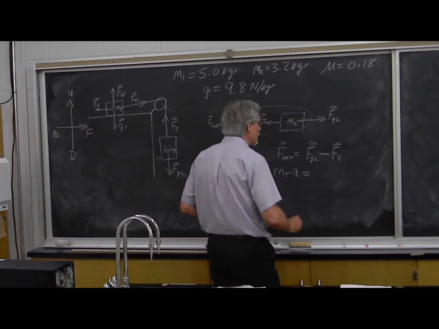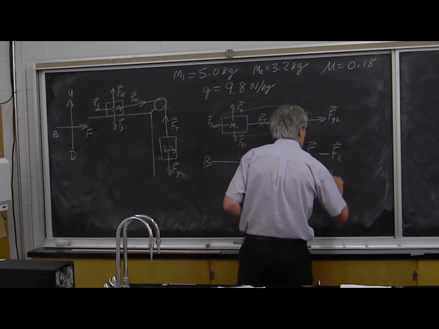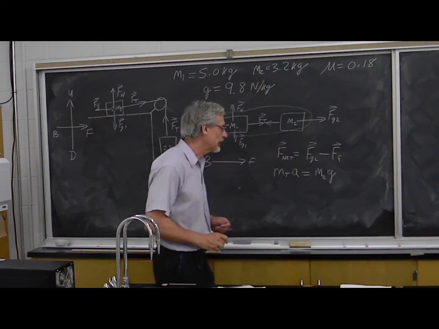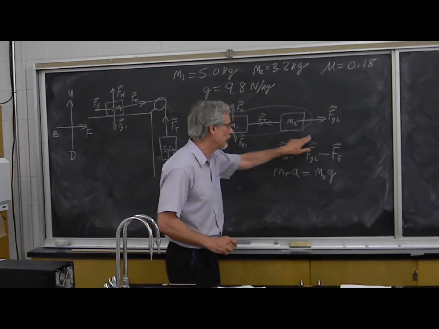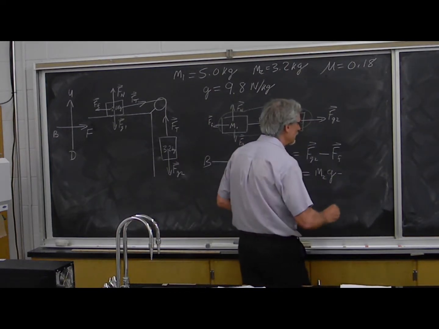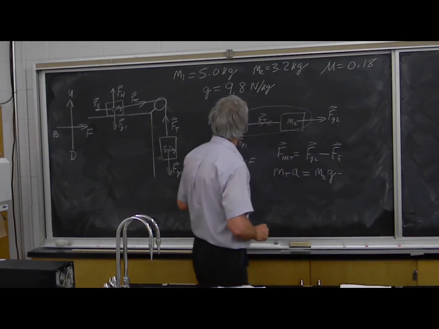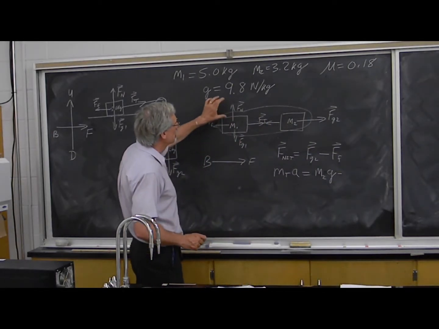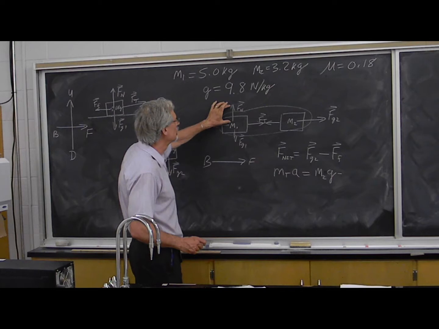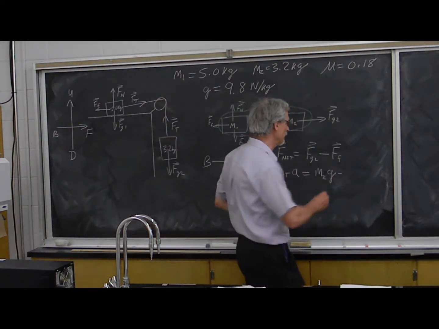And that will be equal to mass 2 times gravity for the force of gravity acting on M2, minus the friction, which will be now the normal force here multiplied by the coefficient of friction.